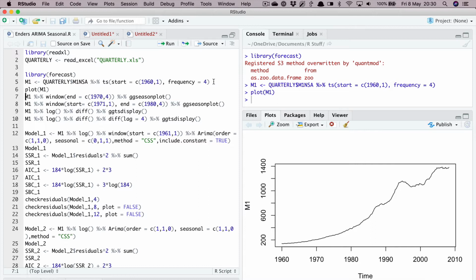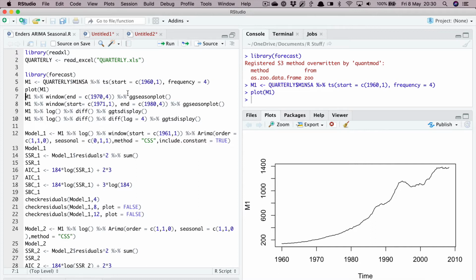Now, one way to find the seasonal pattern is to look at the ACF and PACF, but another graphical way you can look at is using the function ggseasonplot, which is in the forecast package. This will plot the data for each year by quarter, so you can see there's a distinct pattern within each year through the seasons.